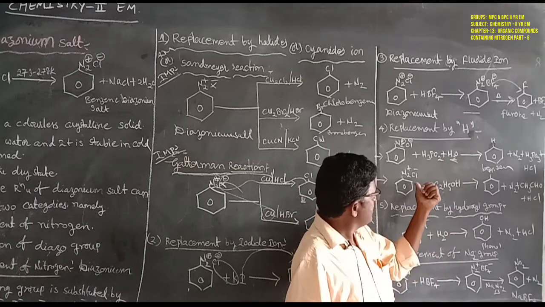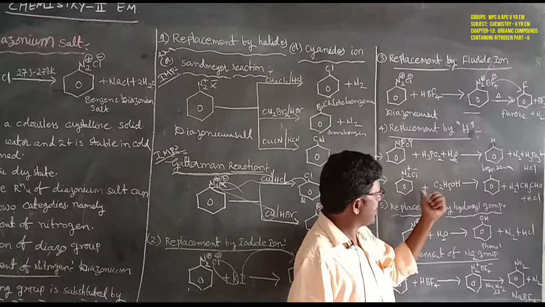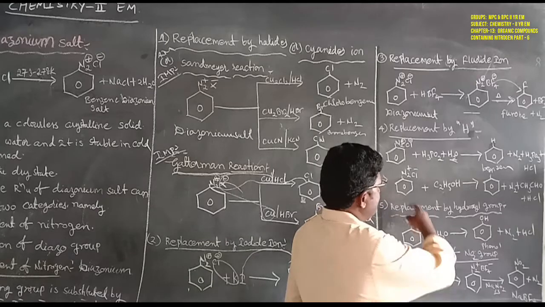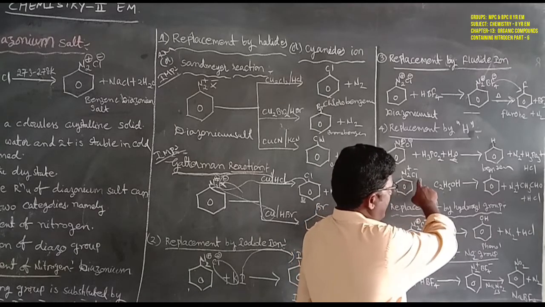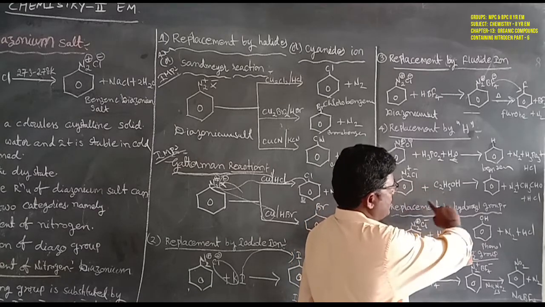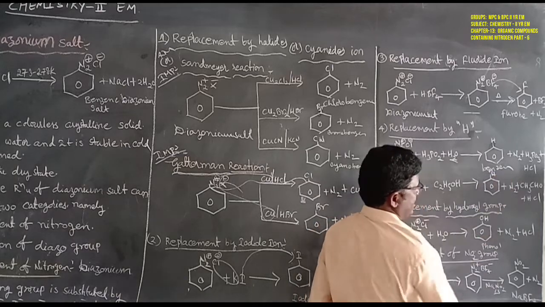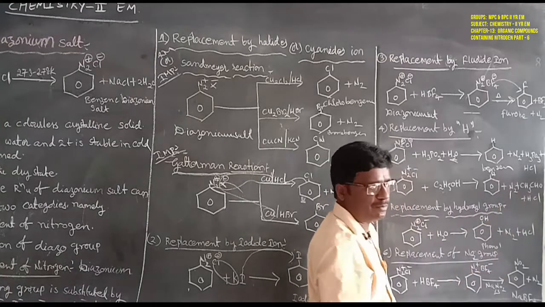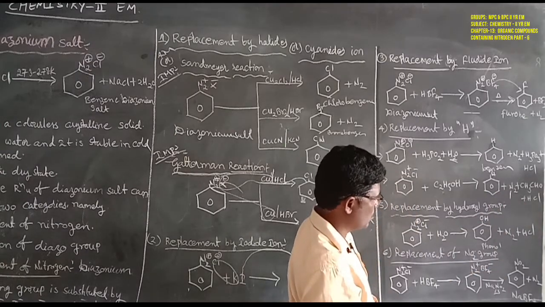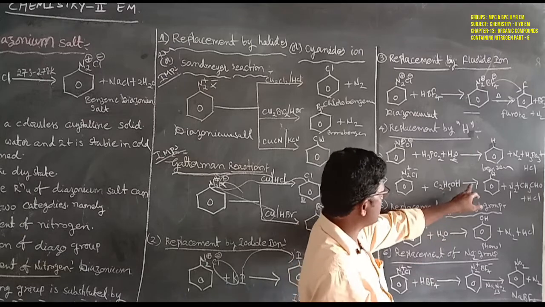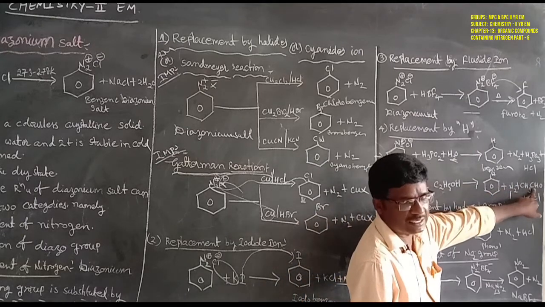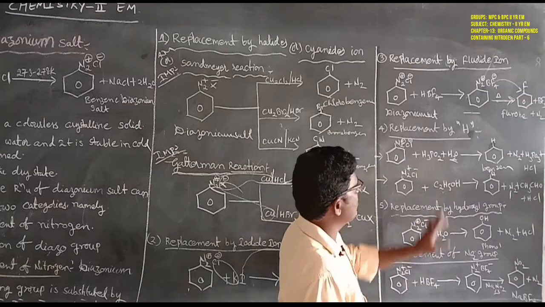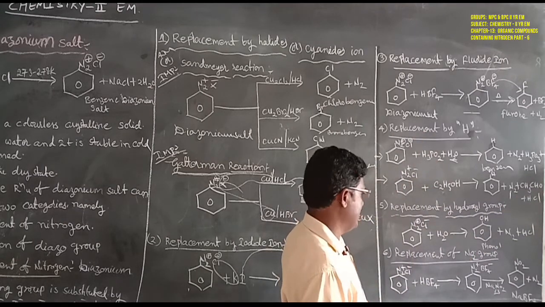Here is the diazonium salt or benzene diazonium chloride treated with the ethanol, then displacement of nitrogen atom and a halogen, then here is the form of benzene or aromatic ring, and removal of N2, and CH3CHO, that is also known as acetaldehyde, and HCl. That is the reaction of replacement by the hydrogen.